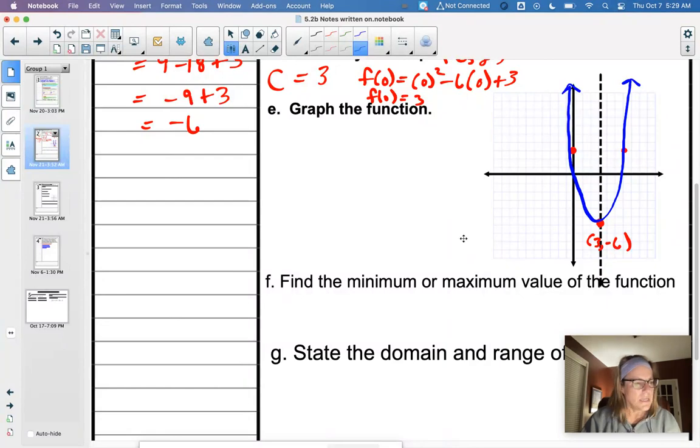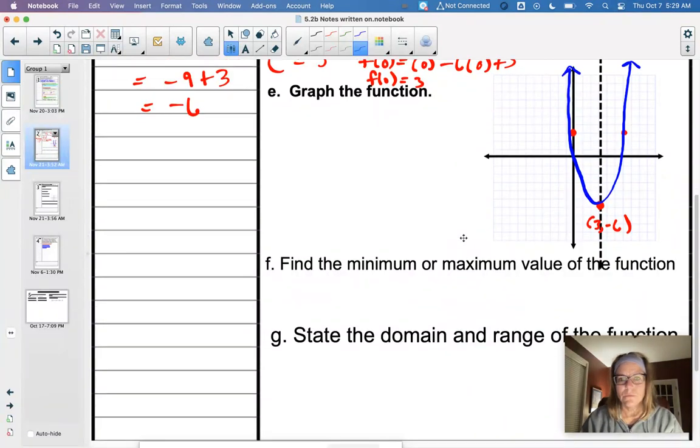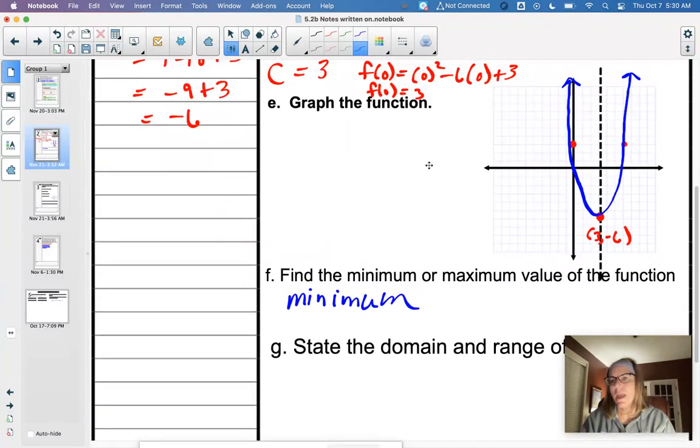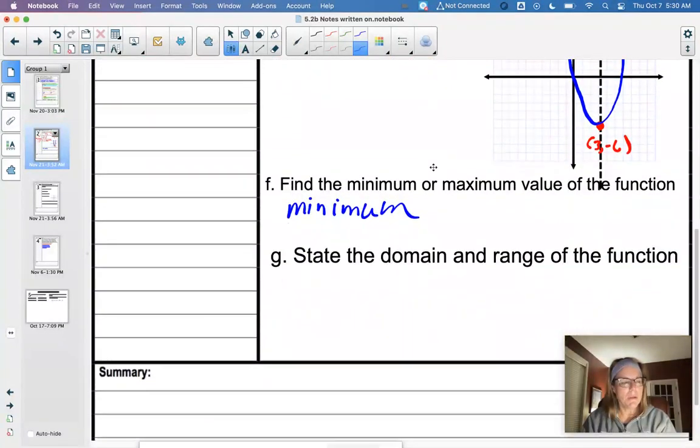Okay, now find the minimum or maximum value of the function. Well, remember, it's a minimum because the graph opens upwards. It's a happy parabola, and the minimum is equal to the y value, which is -6. And that's all you need to say.